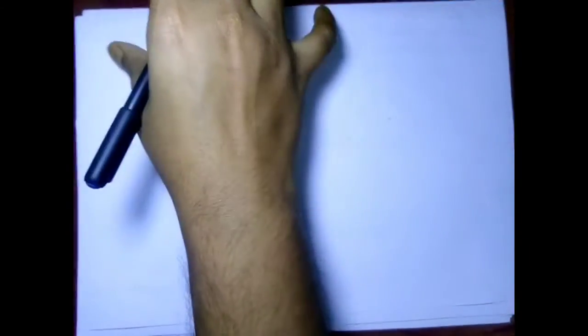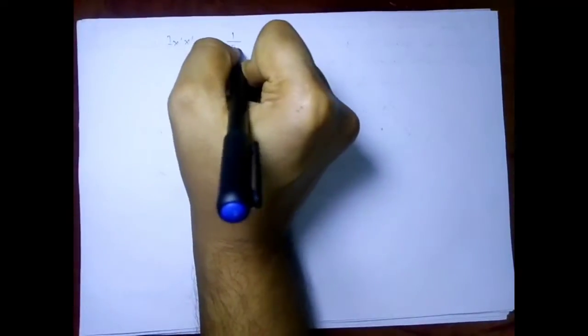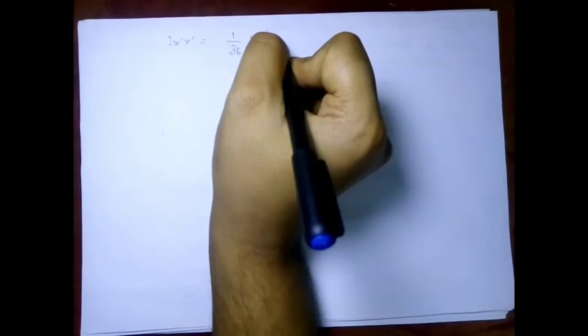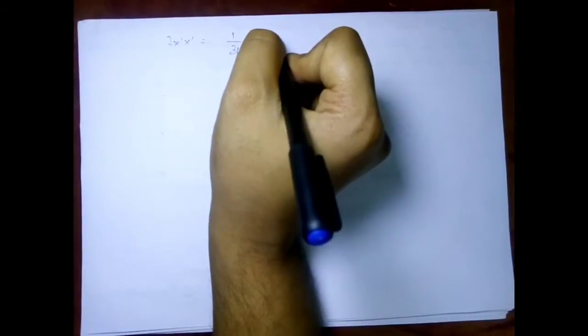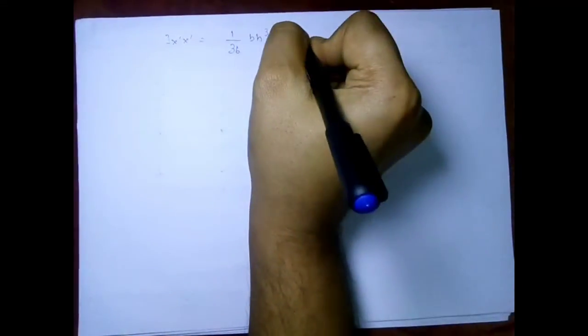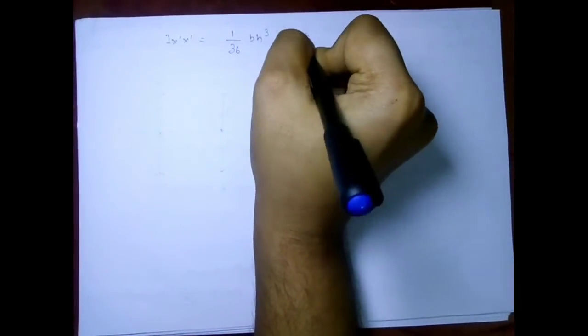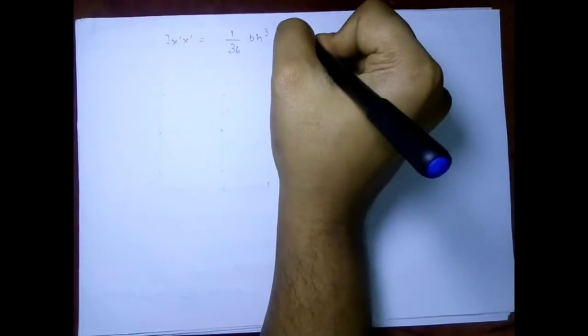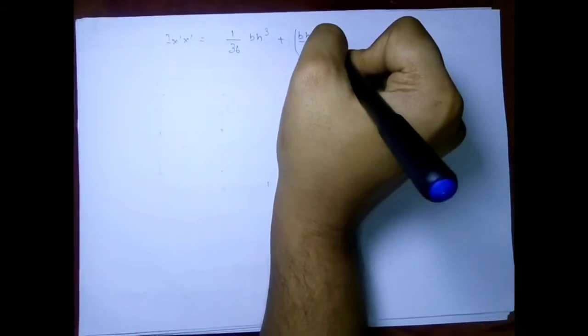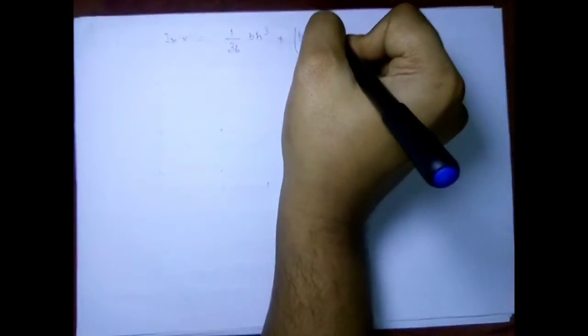So what is I x dash? I x dash will be equal to 1 by 36 b h cube plus b h upon 2 times h square upon 9.